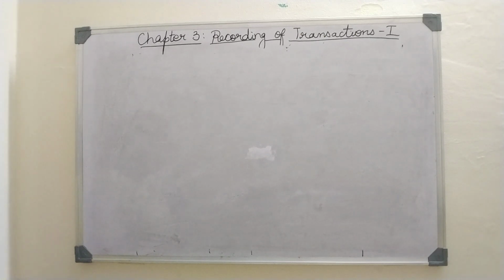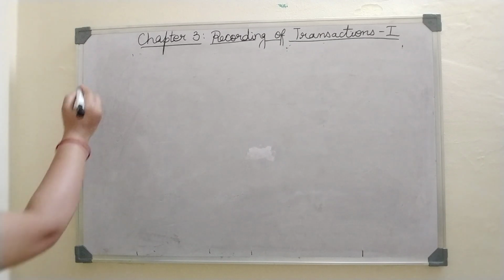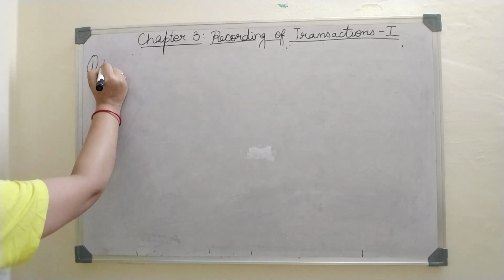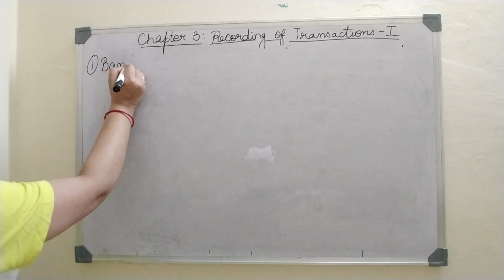Open a bank account in State Bank of India with an amount of 4,80,000. So we have to make different points. First of all, let us see the first point which is given: open a bank account. So we will make different points for everything.